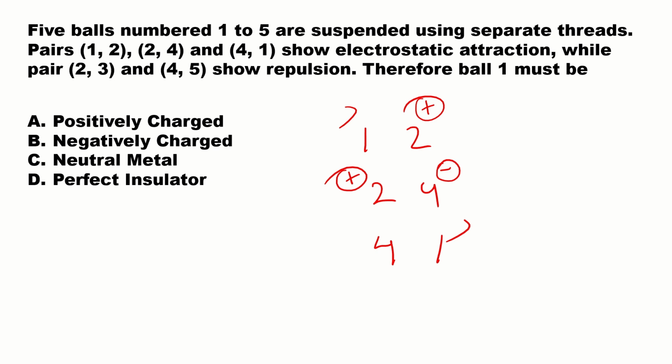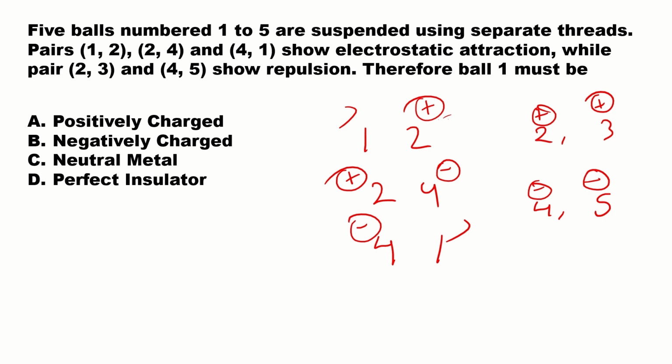So 4 must be negative. And we have 2, 3, 4, 5 show repulsion. So 2 is positive, 3 is positive, 4 is negative, 5 is negative to show repulsion. Now, if 2 is negative, then all of this would be interchanged, which would also be possible according to the given situations.